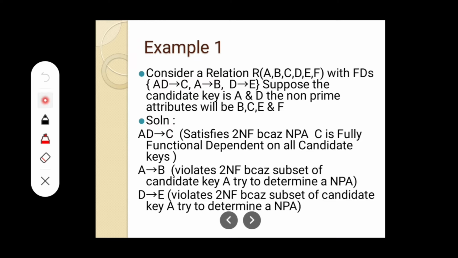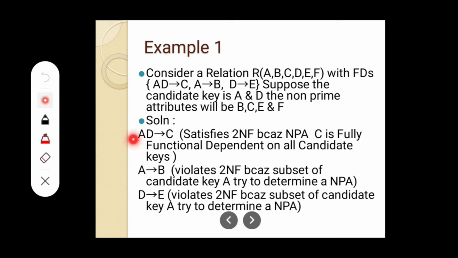That is what we saw in the previous class, finding the candidate key from a set of functional dependencies. Please go through that. Here the candidate key is given. Now, to identify whether the relation is in 2NF, you straight away take each functional dependency and check whether it satisfies the 2NF condition.